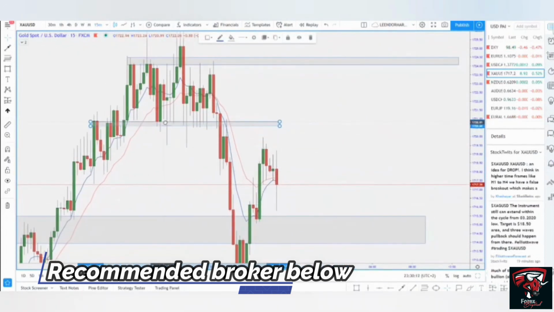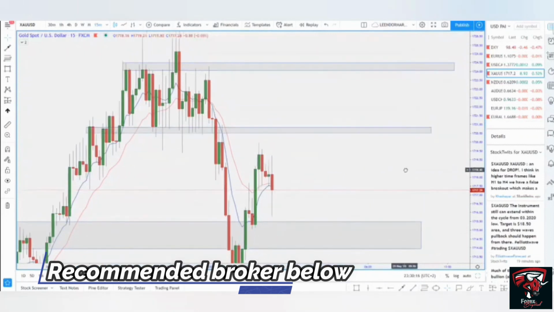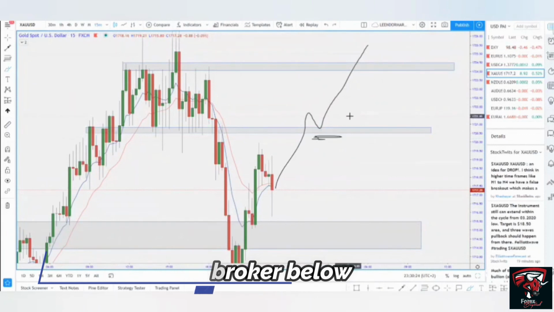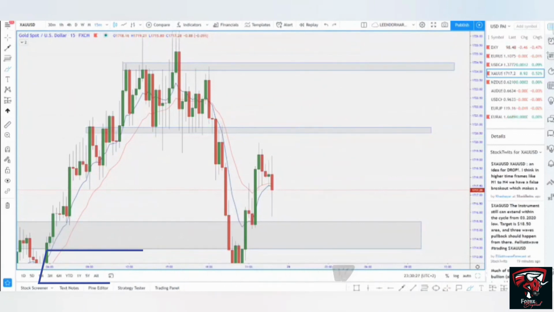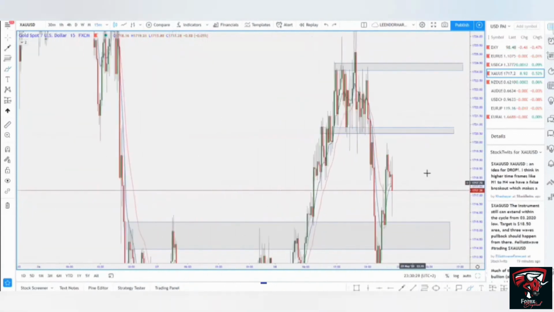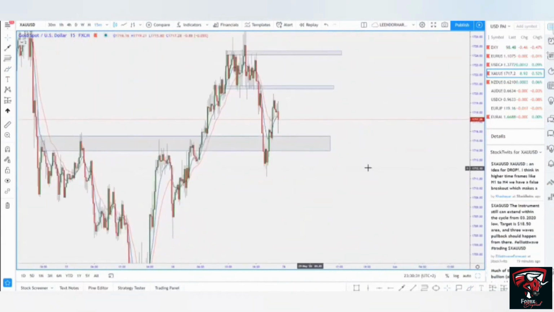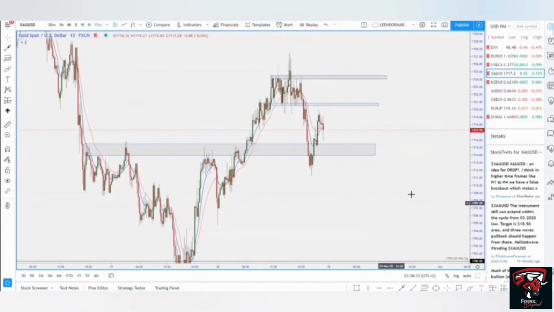Again, we do have this support level over here. You can even wait for the market to close above the support, then retest, then take this entry from there. But for me, this has been confirmed that the market is on a bullish run based on the high time frames. I'm literally waiting for my entries and my trades from the smaller time frame.